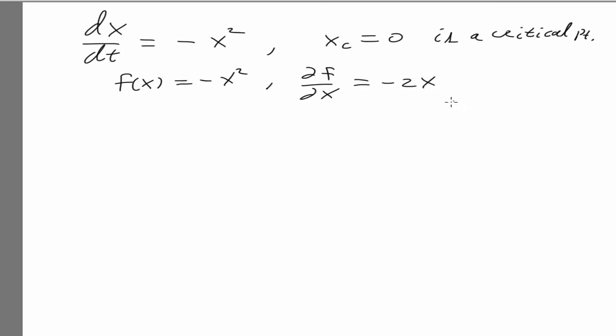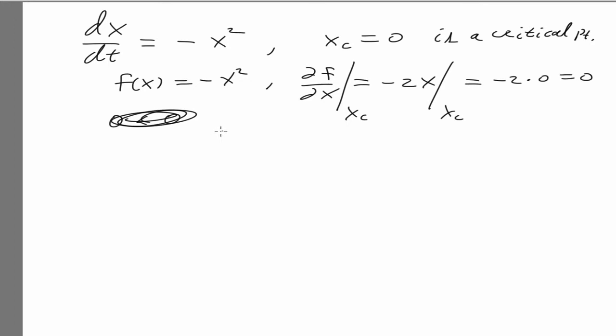Now what we need to do is evaluate at xc, which is negative 2 times 0, equal to 0. Well, 0 is not less than 0. So we actually need df dx evaluated at xc to be less than 0, not equal to 0.